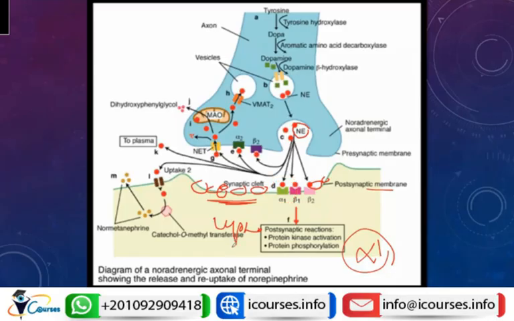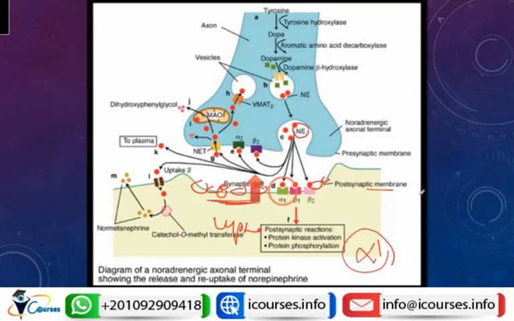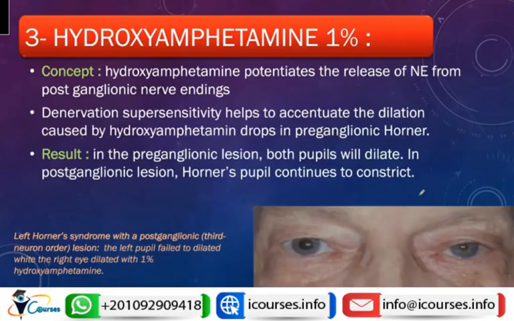So apraclonidine will dilate the Horner, but will not affect the normal eye. So these tests can diagnose Horner syndrome.